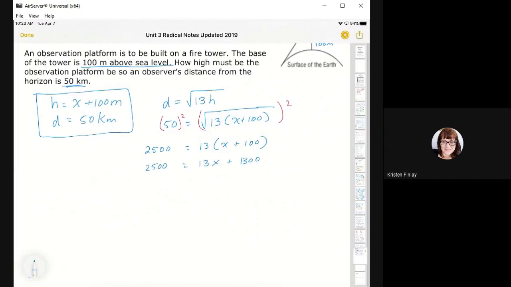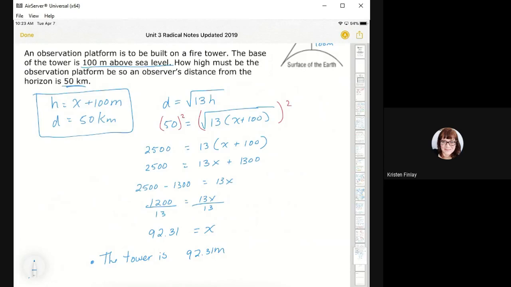We're going to rearrange and solve for x. So we're going to subtract 1300 from both sides. So 2500 minus 1300 equals 13x. So we get 1200 equals 13x. We'll divide both sides by 13, and we'll get 92.31 equals x. So the tower is 92.31 meters.